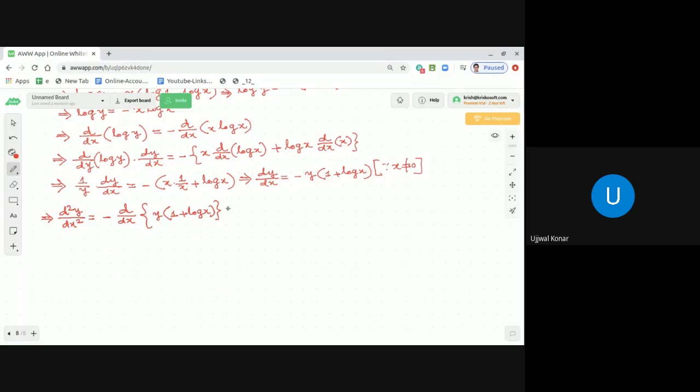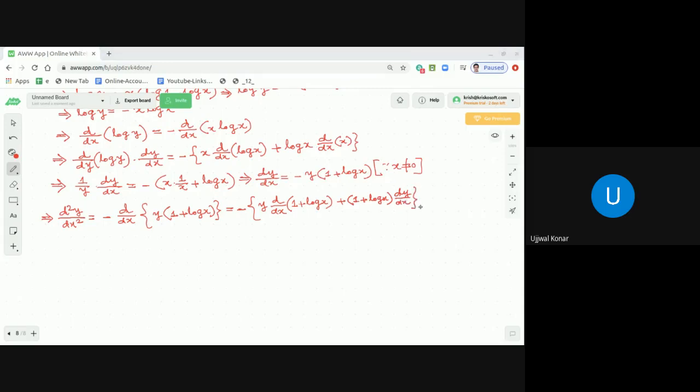So this is equal to minus of y into d dx of 1 plus log x, plus 1 plus log x into d dx of y, that is nothing but dy dx.